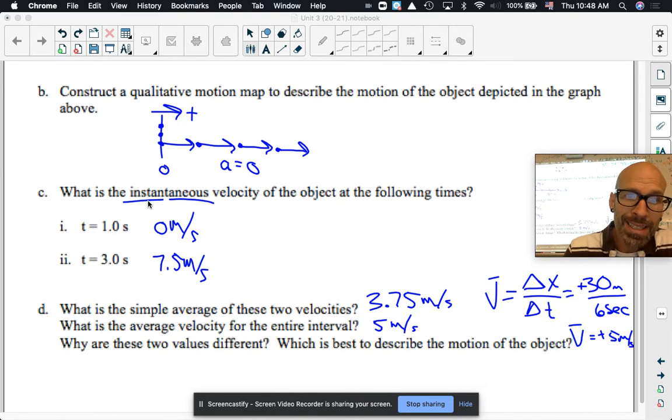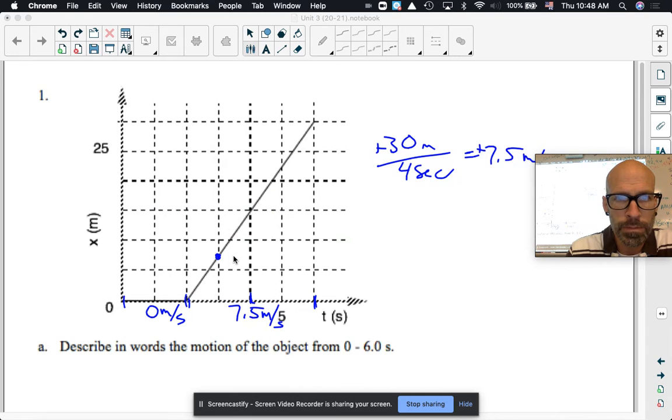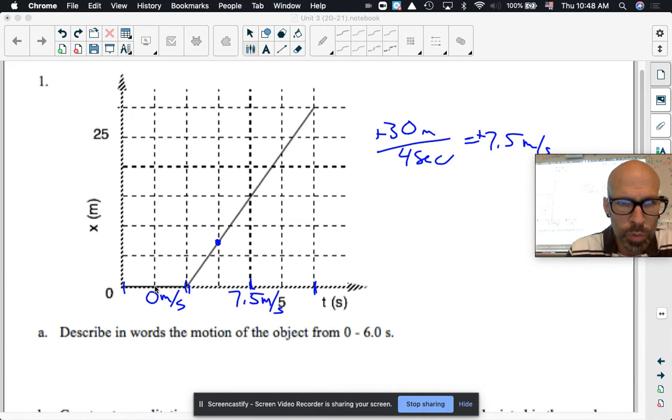Then they ask for instantaneous velocity at the following times. Instantaneous velocity at 1 and 3 seconds. Well, at 1 second, what is the slope of the line at 1 second? 0. So that is the instantaneous velocity at time 1 second.